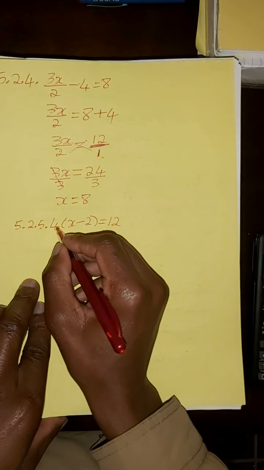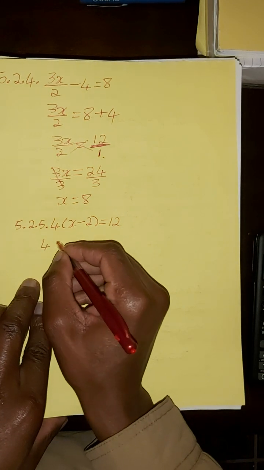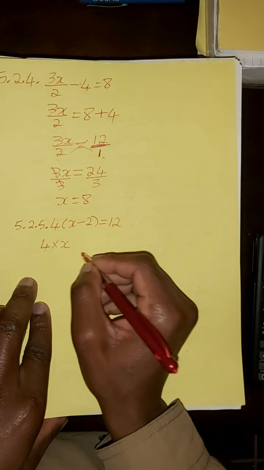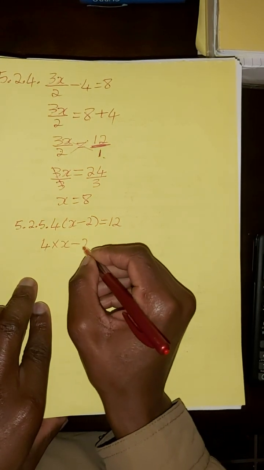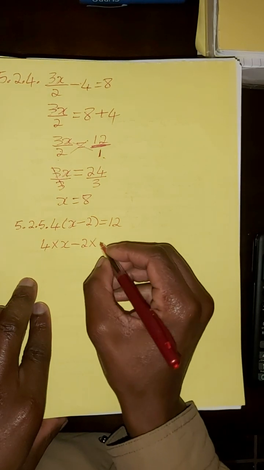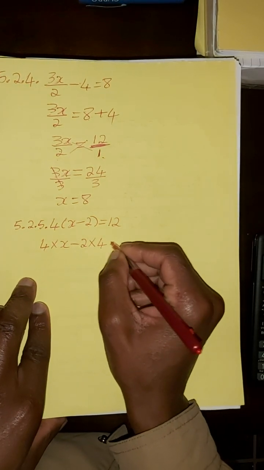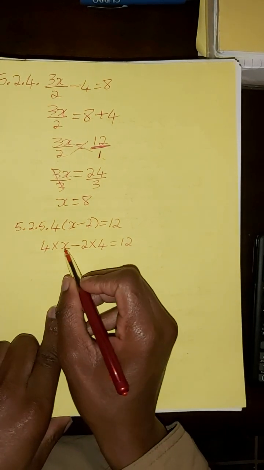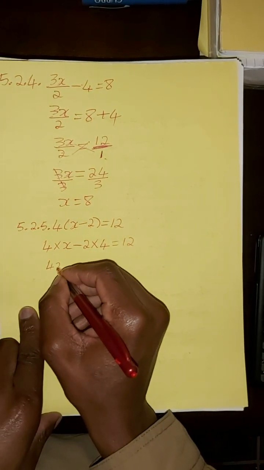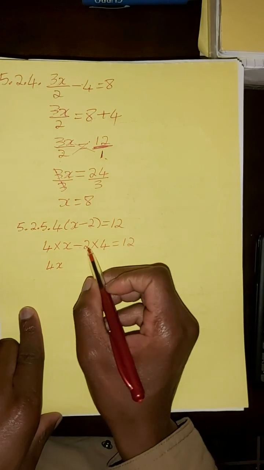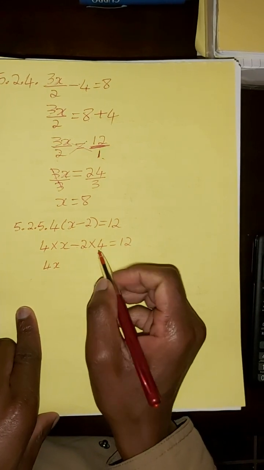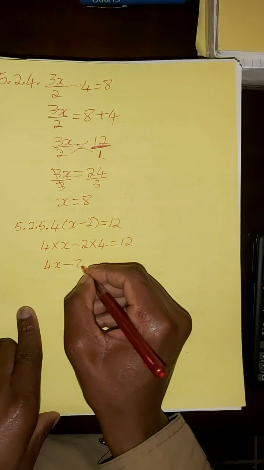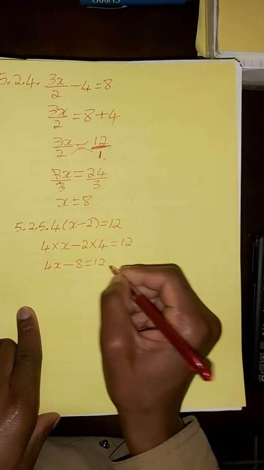So I'm going to say 4 multiplied by x, then negative 2 multiplied by 4, is equal to 12, right? What is 4 multiplied by x? The answer is 4x. And then what is negative 2 multiplied by 4? It is negative 8, is equal to 12.